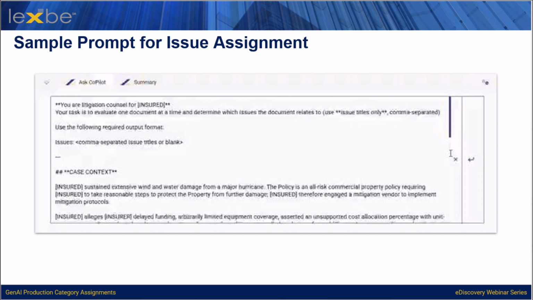The next two slides illustrate using a GenAI prompt for issue assignment. This slide shows a separate prompt focused on issue identification rather than general responsiveness. This is relevant for a Rule 34 type category correspondence coding pass.